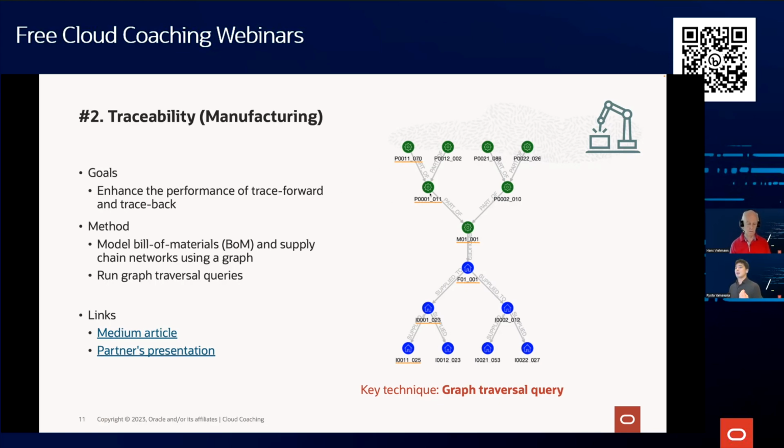And having the graph model of this data set, we can run graph traversal queries, which is very performant and scalable against the data size. So the key technique here is how we can use graph traversal query.